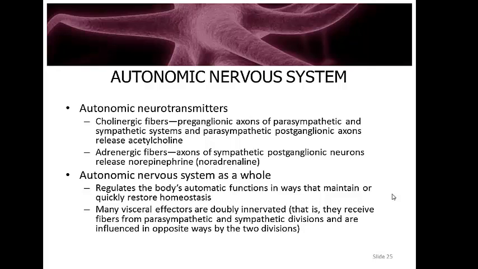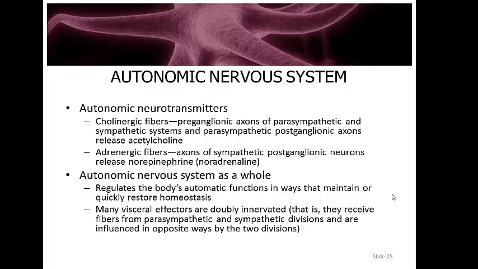We have two kinds of fibers, based on neurotransmitters, in the autonomic nervous system. One is cholinergic fibers, and the other is adrenergic fibers. Cholinergic fibers are preganglionic axons of parasympathetic and sympathetic systems and parasympathetic postganglionic axons that release acetylcholine.